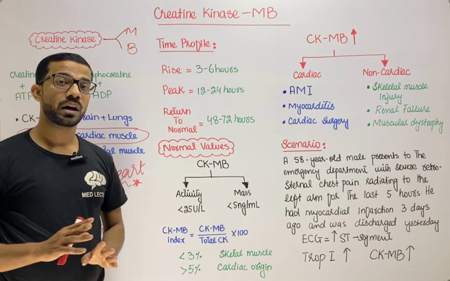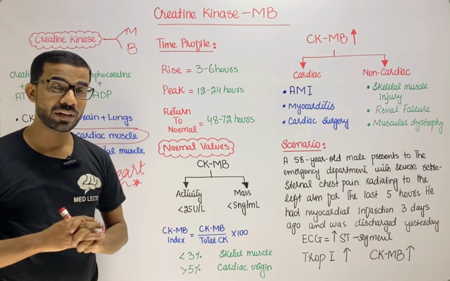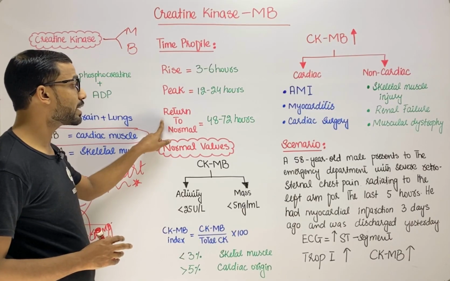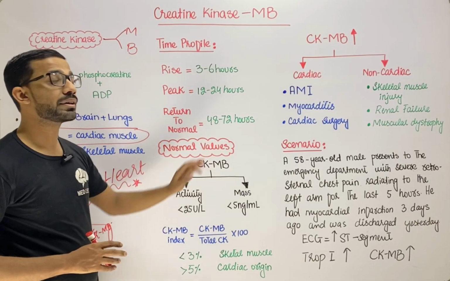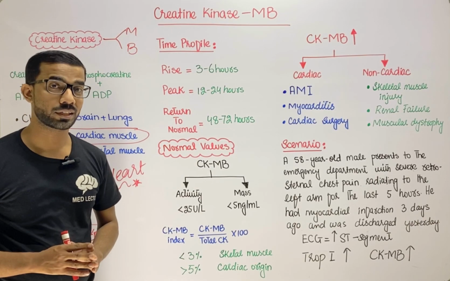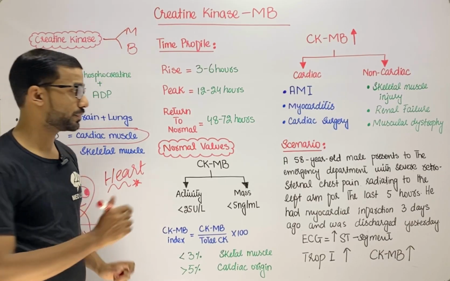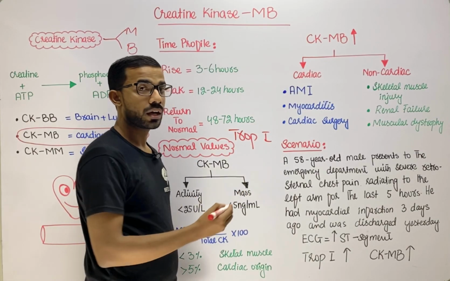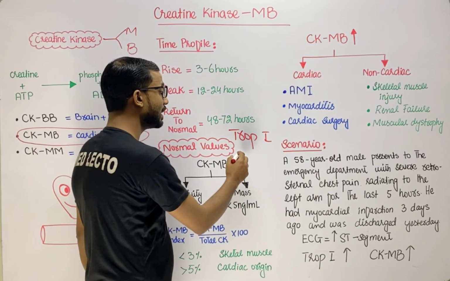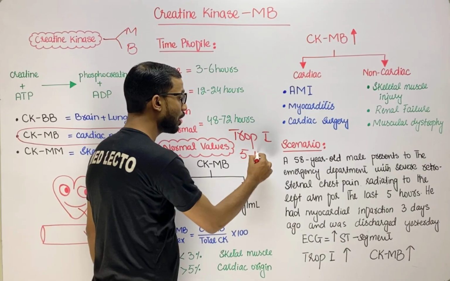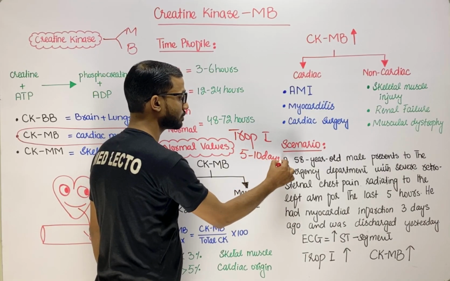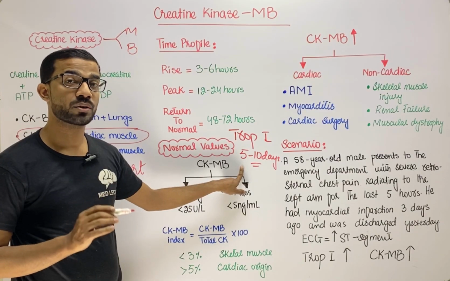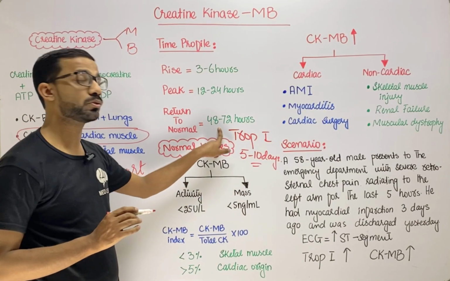It means that in 1 day it will be maximum in the blood of the patient, and it will return to normal in 48 to 72 hours. That is an important thing. But troponin I, another important cardiac marker, will start returning to normal in 5 to 10 days. It will be present in the blood of the patient for a long duration as compared to the CKMB.